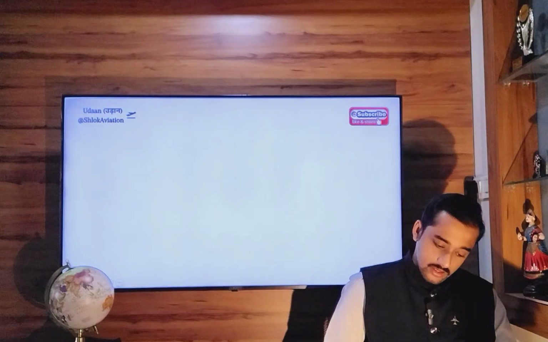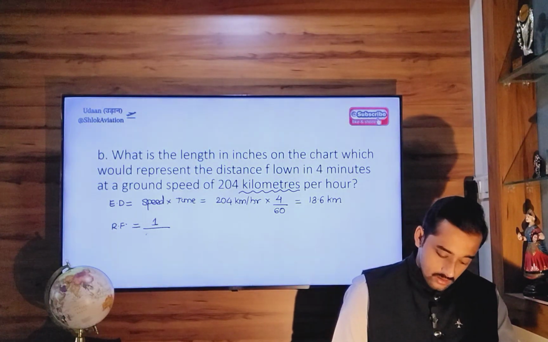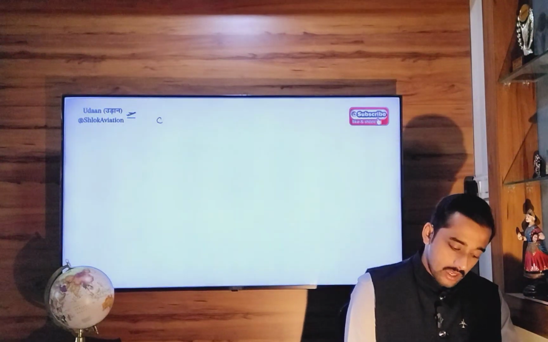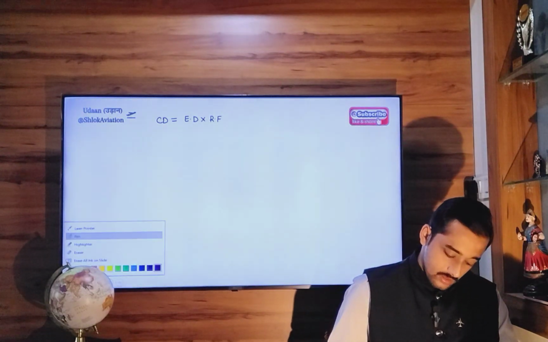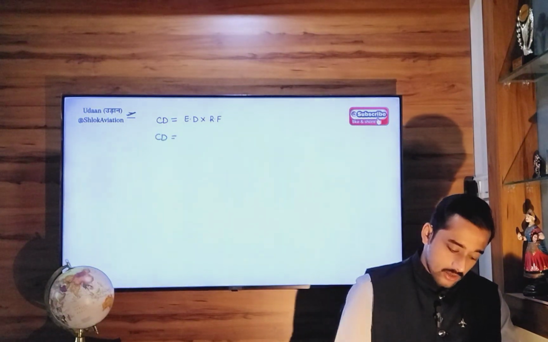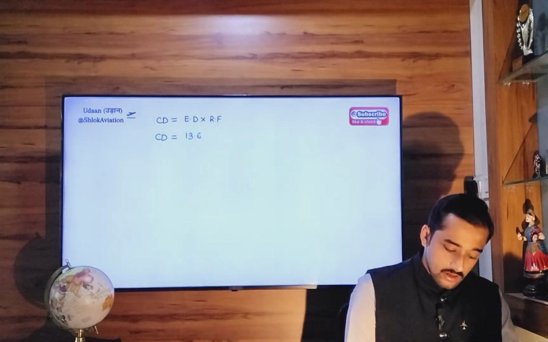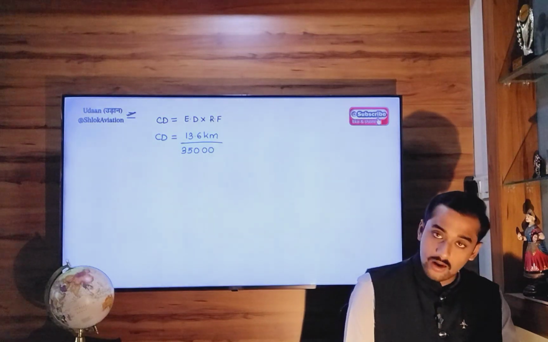Representative fraction is 1 divided by 350,000. So chart distance will be equal to your earth distance into representative fraction. So chart distance will be equal to earth distance 13.6 kilometers divided by 350,000.